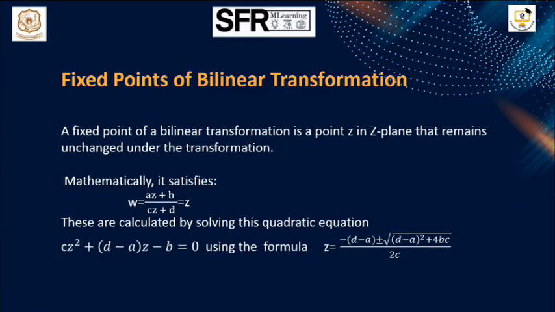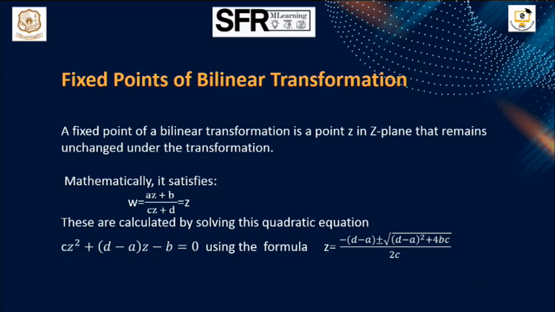The next one is fixed points of bilinear transformation. A fixed point of a bilinear transformation is a point in the z plane that remains unchanged under the transformation. Mathematically, it satisfies w equal to az plus b divided by cz plus d, that's equal to z.